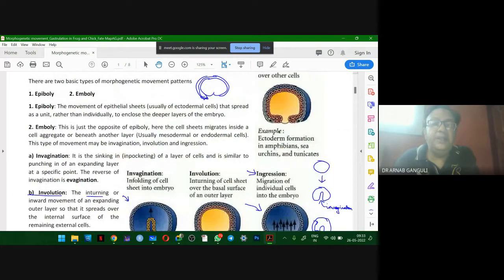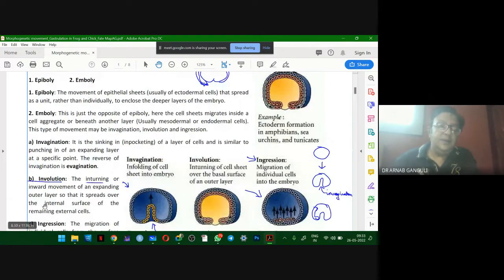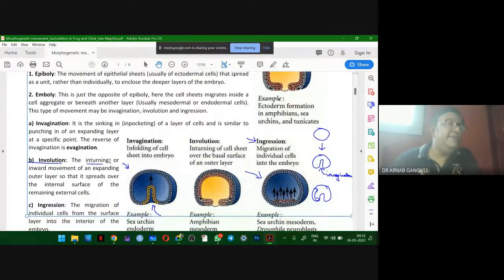Epiboly, emboly. So epiboly is the outside covering as a unit, and all the others below, invagination, involution, ingression, are known as emboly.